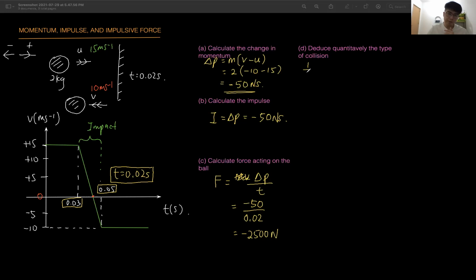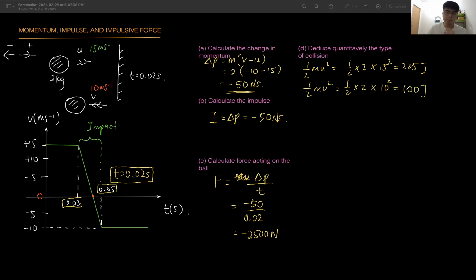So half m u squared, half times 2 times 15 squared, that's 225 joule. And kinetic energy after, half times 2 times 10 squared. We don't need to worry about the sign because energy is a scalar. So you don't need to put a negative here. So it equals 100 joule.